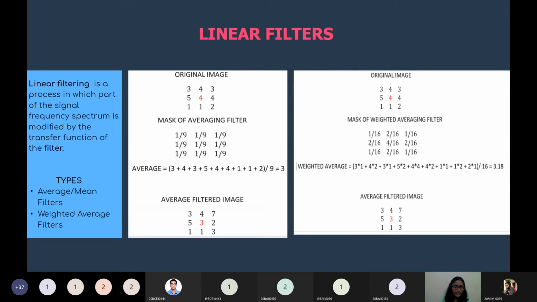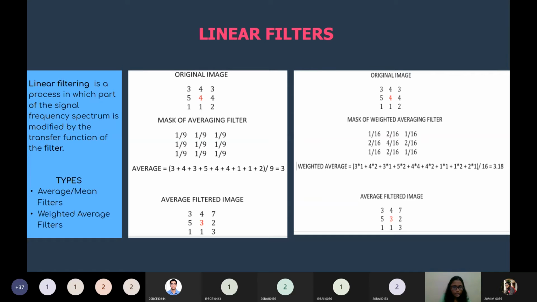As you can see in this second image over here, we have an original image that has its pixel values as 343, 544 and 112. It's given over here, and below we have the mask, the description of which has been told to you by Pranav right now.